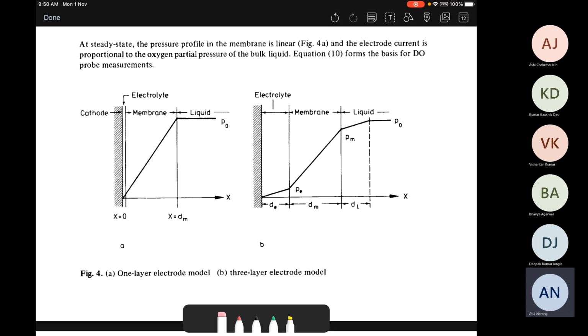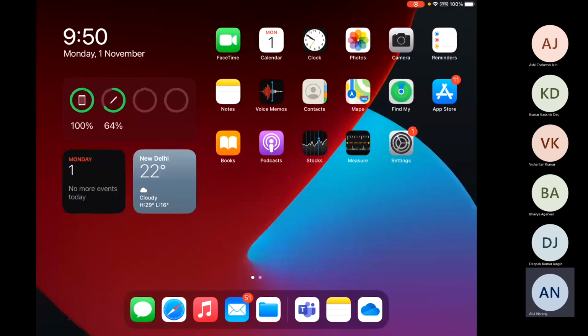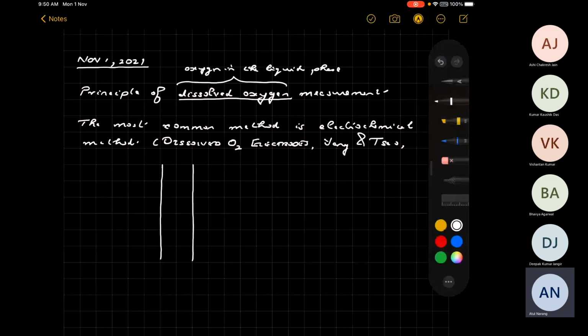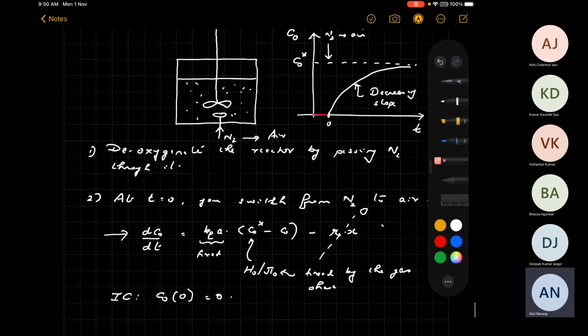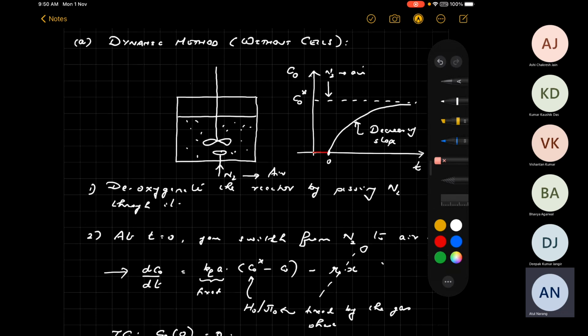Now, with that background, we can move on to the measurement of the KLA. What I told you last time was the dynamic method.